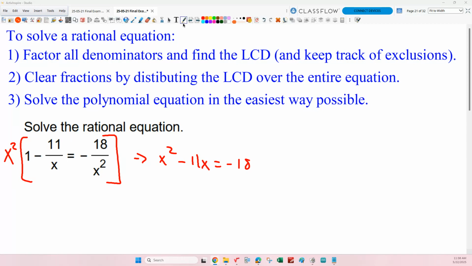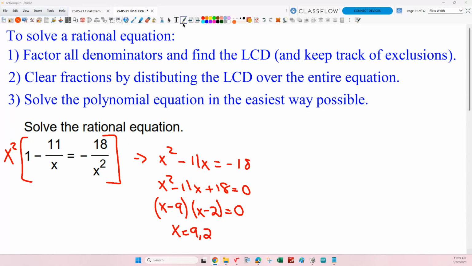Yeah, move the 18 over, get it in standard form. Plus 18 equals 0. Then what would those magic numbers be? Negative 9 and negative 2. x minus 9, x minus 2 equals 0. So what are my solutions? 9 and 2. x equals 9, 2.